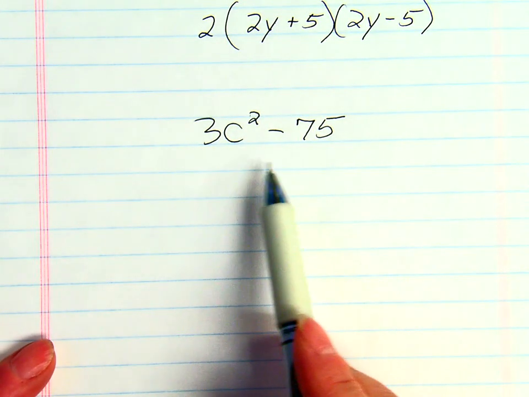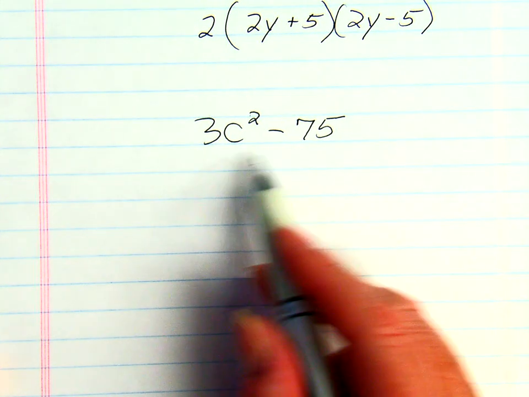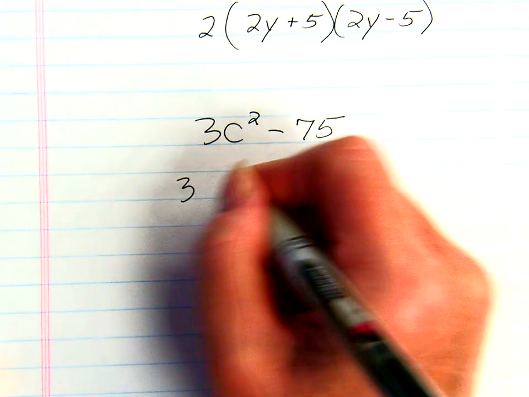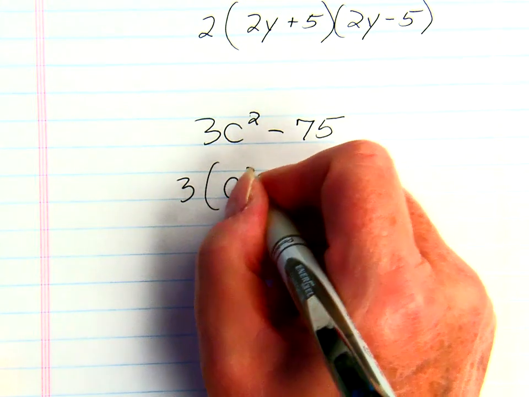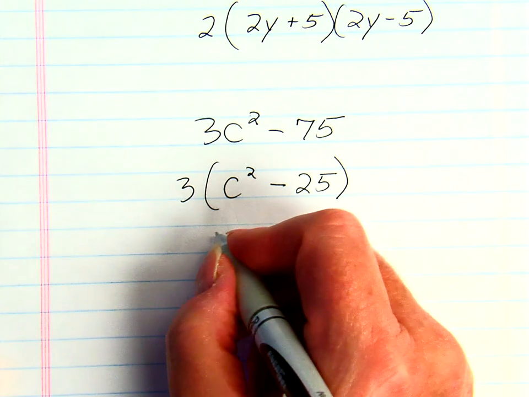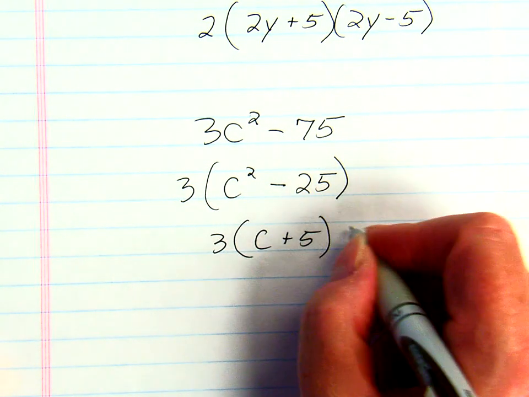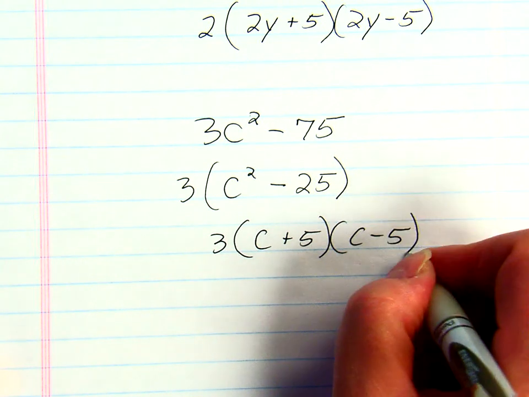Again, you have no b term, so you're thinking this should be the difference of two squares, but I'm first going to have to pull a 3 out, giving me c squared minus 25. And then you can see easily that it's 3(c plus 5)(c minus 5).